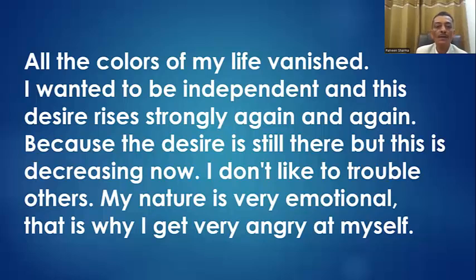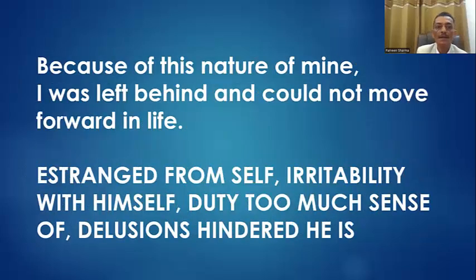I don't like to trouble others. My nature is very emotional. That is why I get very angry at myself. Because of this nature of mine, I was left behind and could not move forward in life. Estranged from self, irritability with himself, duty too much sense of, delusion he is hindered.